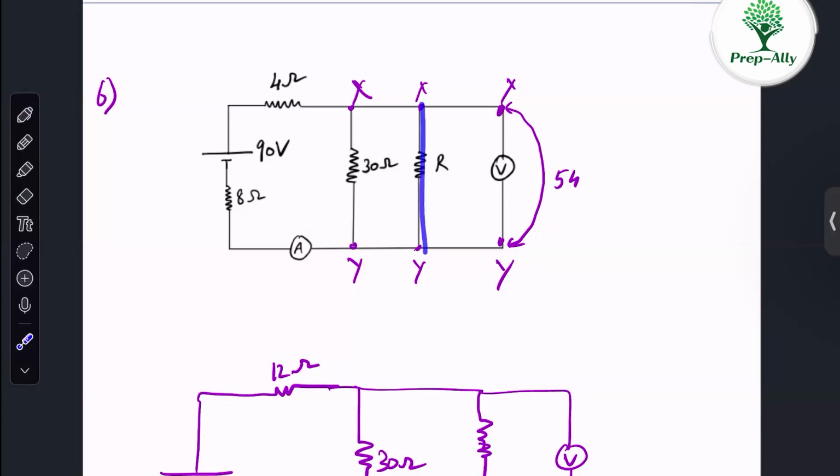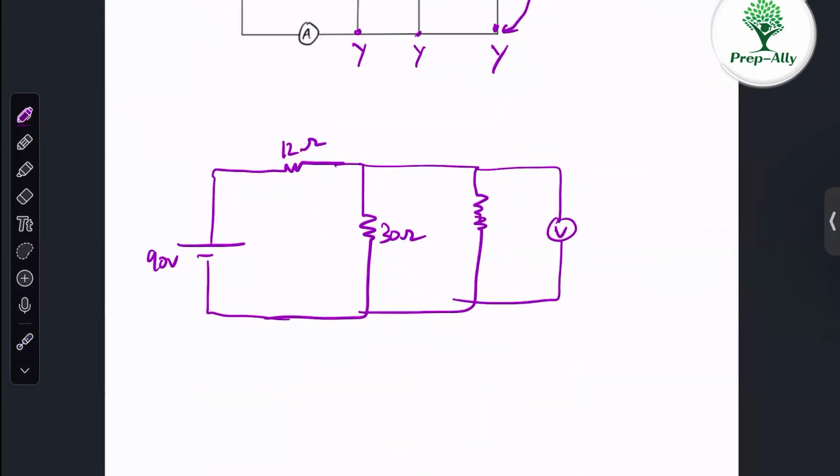So they are in parallel, na? So the potential drop between these two will be the same as between these two. So between X and Y, the potential drop is 54. So here to here, the potential drop is 54 volts.